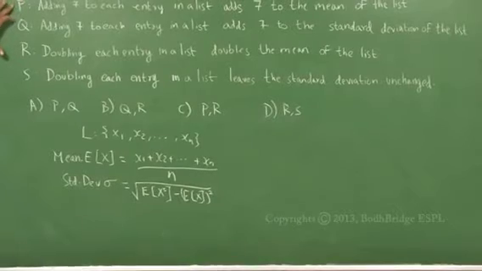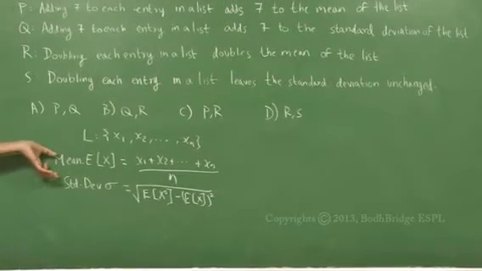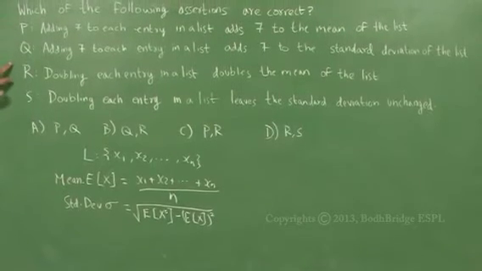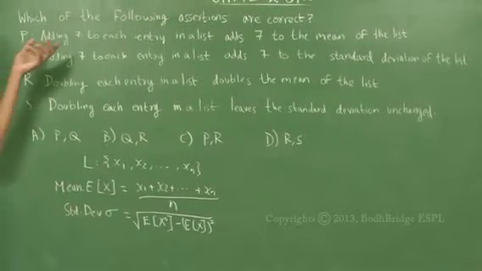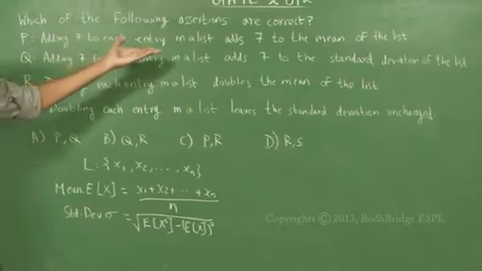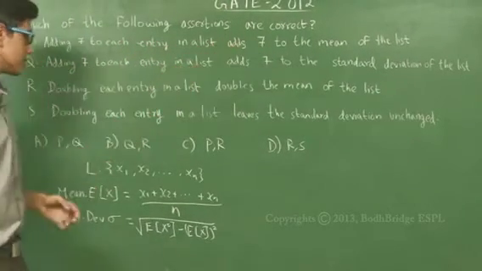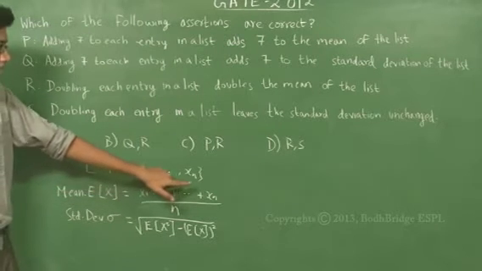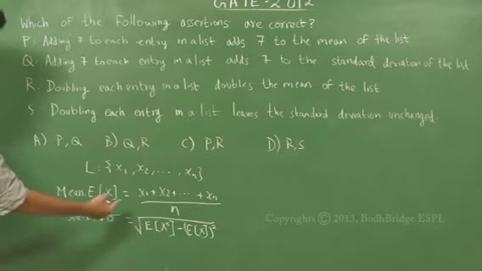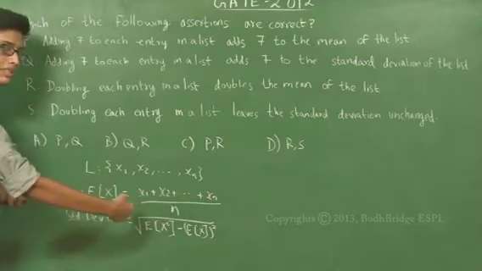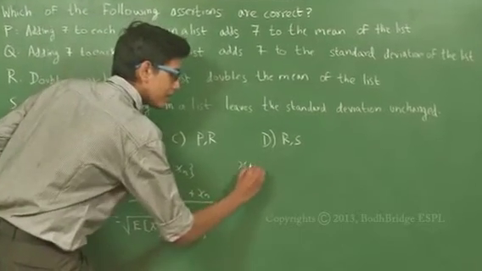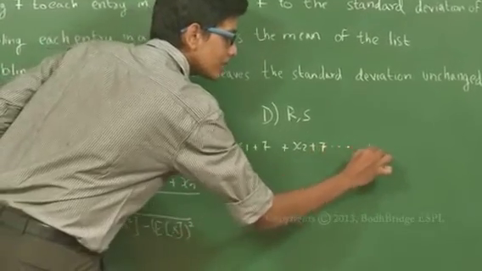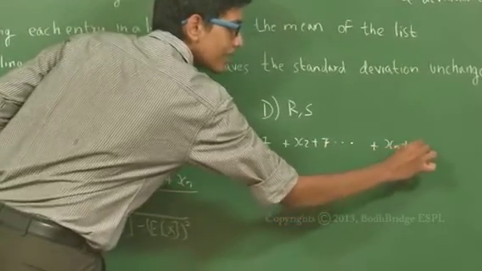Now let's take the assertions P, Q, R, S. Finding the mean is simpler than finding the standard deviation. So first let's take the assertions P and R and see if they are true. Adding 7 to each entry in a list adds 7 to the mean of the list. Initially the mean is x1 plus x2 plus x3 till xn divided by n. If you now add 7 to each of the elements, you get x1 plus 7 plus x2 plus 7 till xn plus 7.